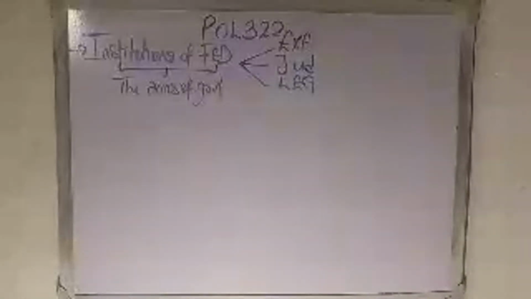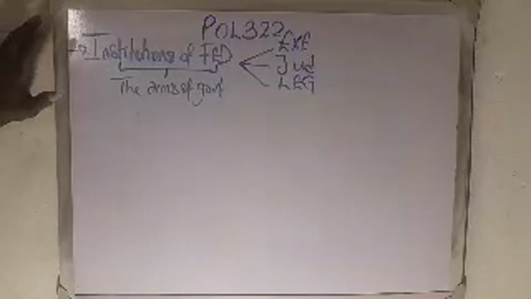Questions might come out like, what are the arms of government in Nigeria? List and explain them in details. And questions can come out like, what are the institutions of federalism? List and explain. Either way, you know that we are talking about the same thing here.